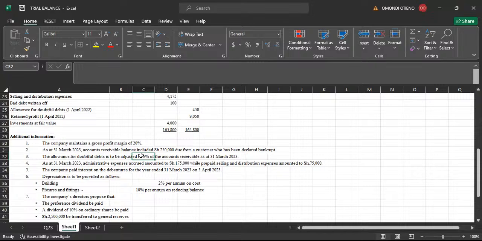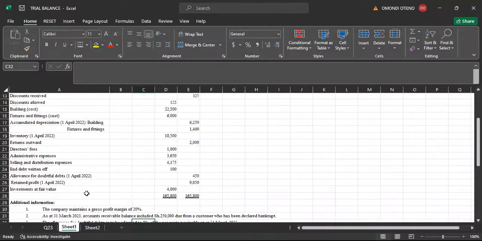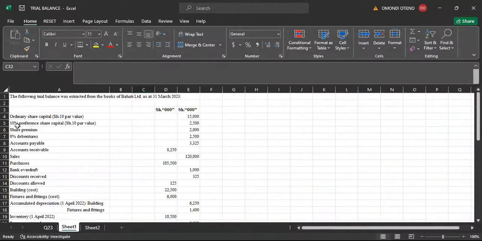The depreciation is to be provided as follows: 2% per annum on cost. Then fixtures and fittings, 10% per annum on reducing balance basis. The company's directors propose that the preference dividends be paid. The preference dividends, remember, they are supposed to get a fixed dividend rate, and you're able to see here that it is 10% preference share capital.